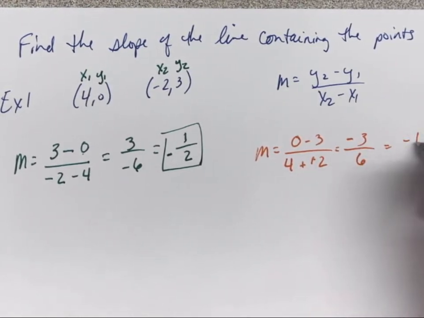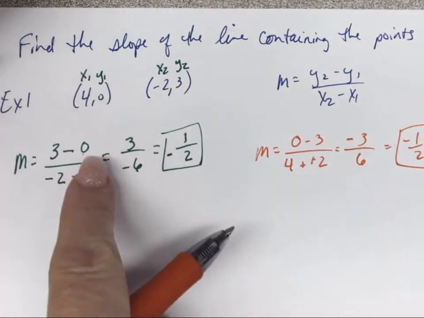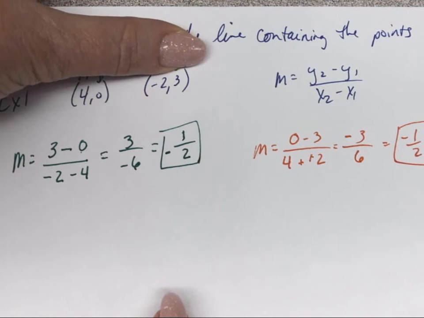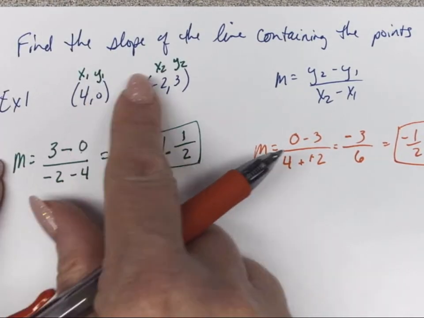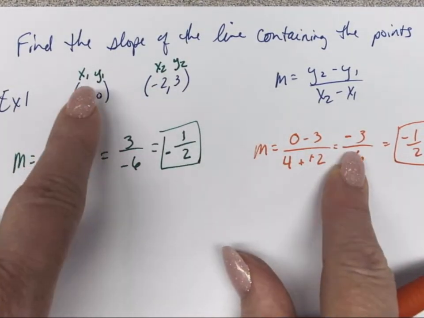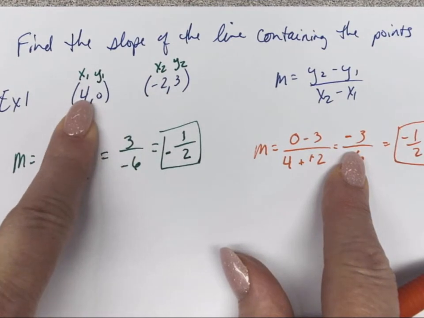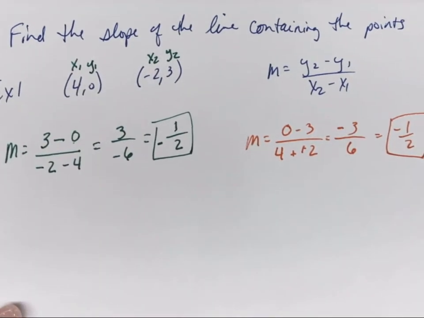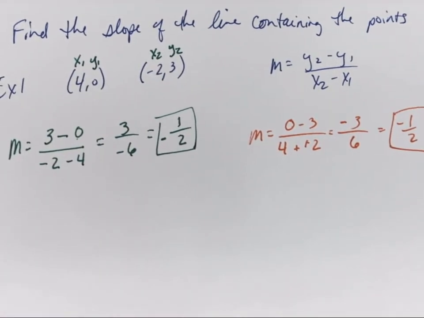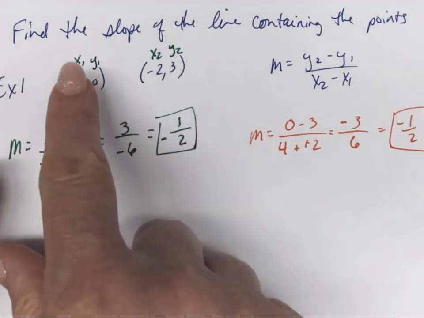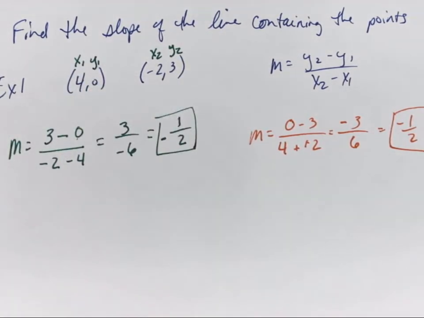It still equals negative 1/2. So it doesn't matter which one is the first point or the second point, because I had this one as the first point, second point here. Over here I had this is the first point, that is the second point. I'm going to get the same answer. So that's where it just doesn't matter as long as you're going the same direction as far as first and second. So, all right, let's go look at example 2.